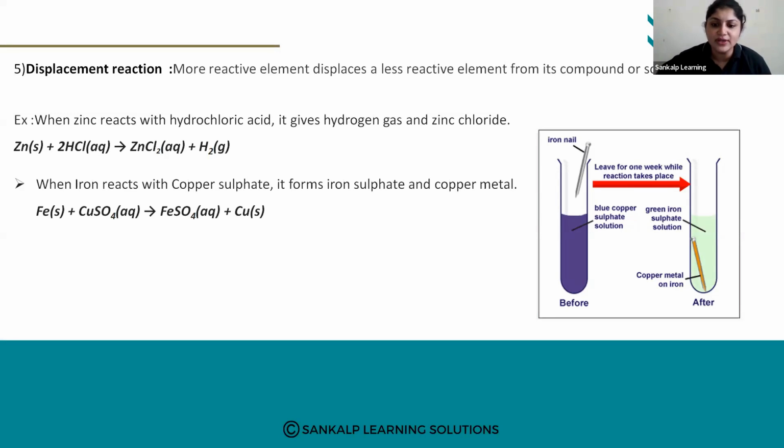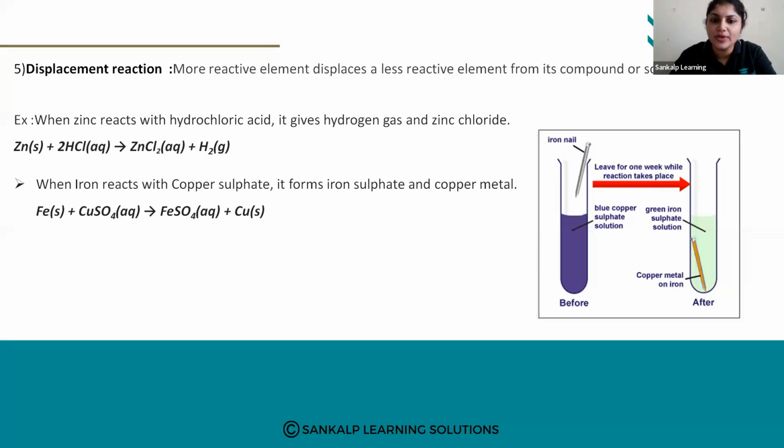We have seen two examples. The first example was with copper sulfate solution. One copper sulfate solution remains as it is, because you did not dip any iron nail in it. But in another test tube of copper sulfate solution, you had dipped an iron nail. So what is happening there?